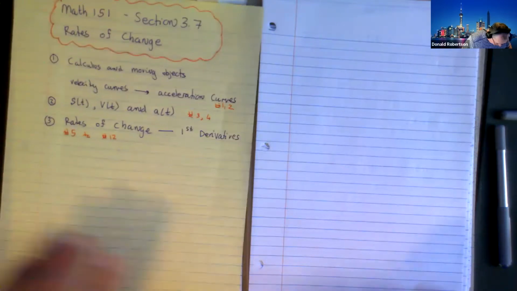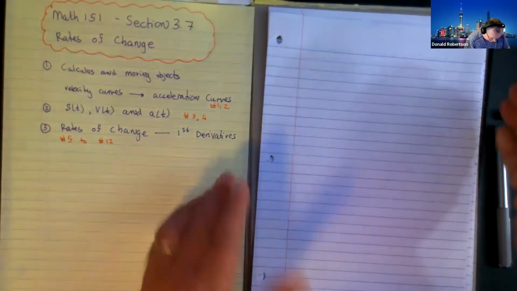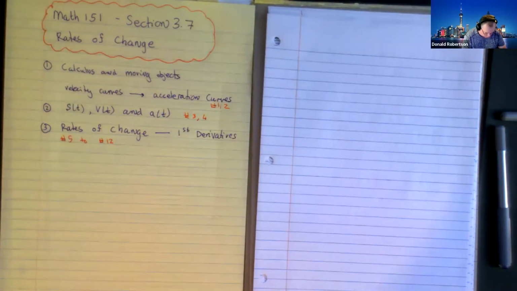We have finished every function that we need to know to differentiate, right? We've also finished with all the techniques. So we've done power rule, product rule, quotient rule, chain rule, implicit differentiation, logarithmic differentiation.